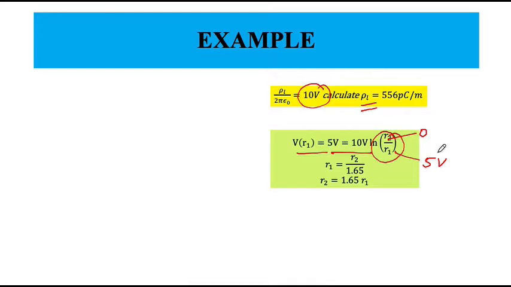So at R2, whatever value of R2 I choose, that will be the reference and the voltage will equal 0. If I move from R2 to R1, what should be the value of R1 in relation to R2?